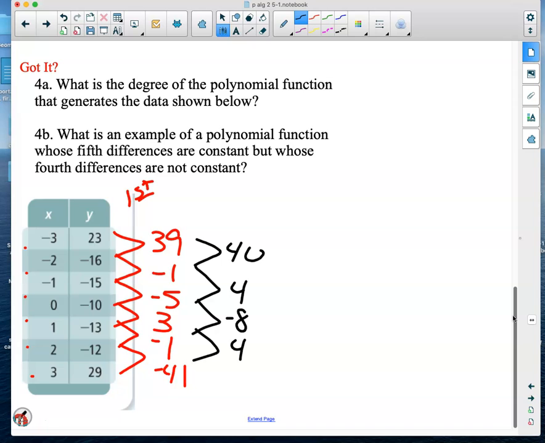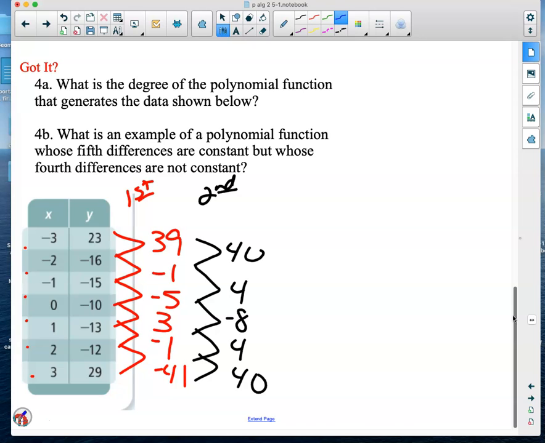And then negative 1 minus a negative 41 will be negative 1 plus 41, which is 40. That's kind of interesting. Look at that. 40, 4, negative 8, 4, 40, but they're not the same. So it's not a second degree polynomial either. But the fact that we're starting to see a pattern is good news.